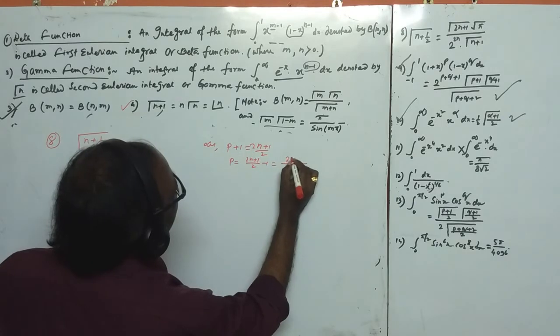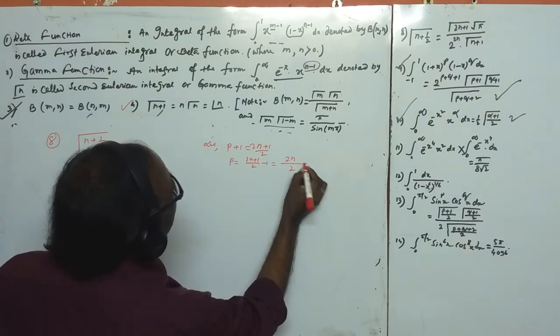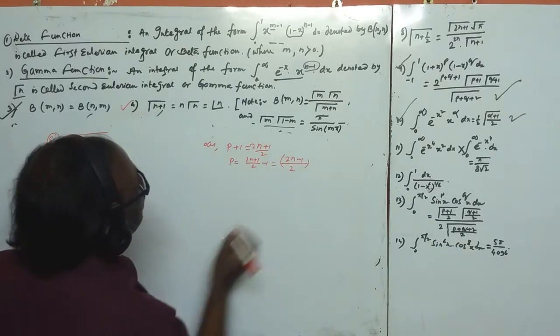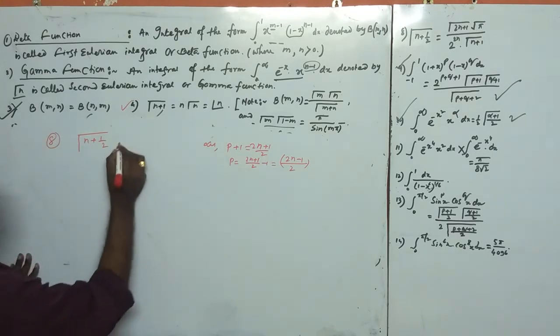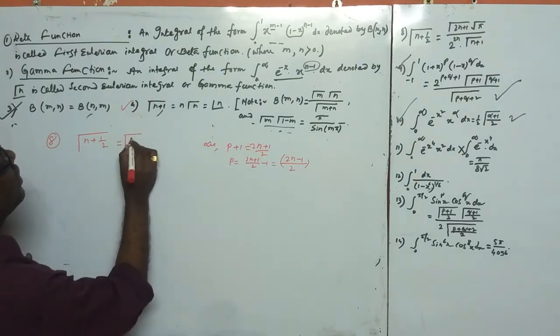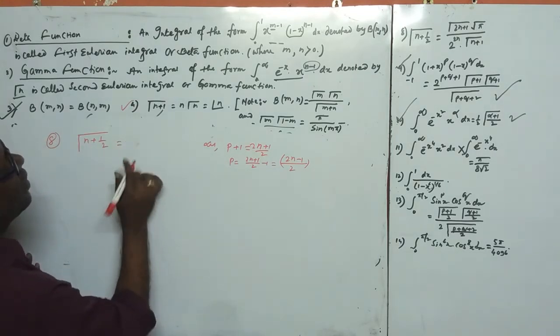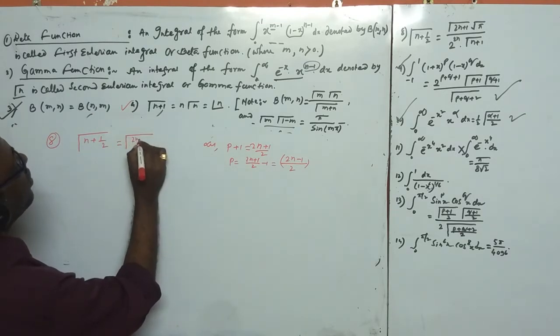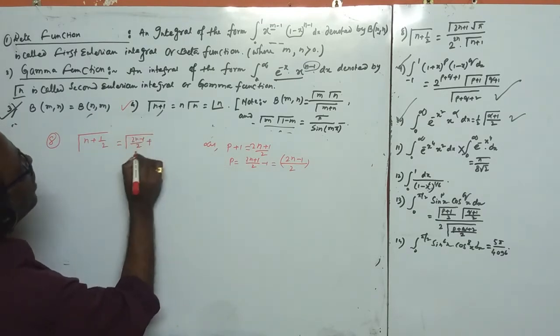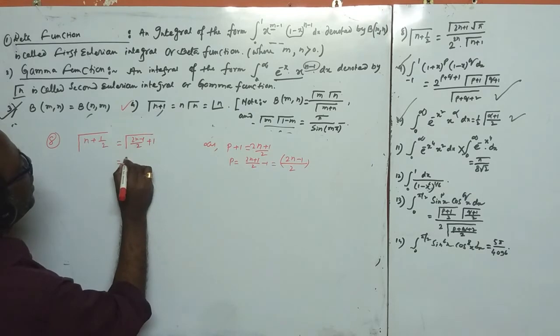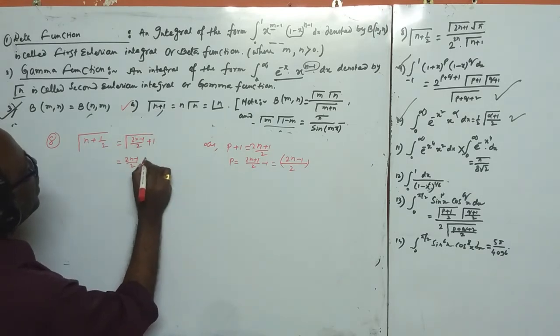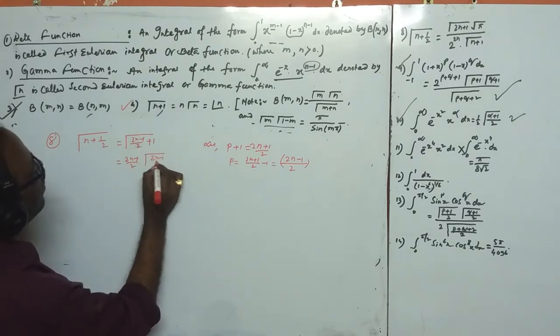Taking the LCM, it is 2n minus 1 by 2. So you can write gamma of 2n minus 1 by 2 plus 1, that is 2n minus 1 by 2 times gamma 2n minus 1 by 2.